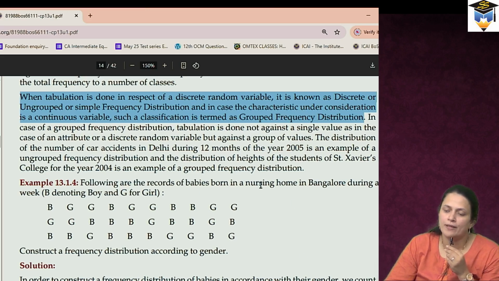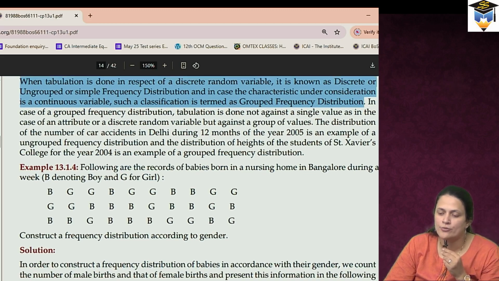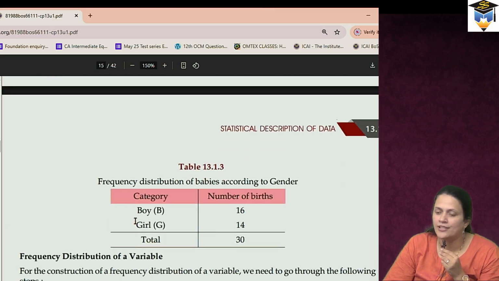Following are the records of babies born in a nursing home in Bangalore during a week. B denotes a boy and G for a girl. So construct a frequency distribution table according to the gender. Now the category is given, number of births are given, total is given. So this is called a frequency distribution table.